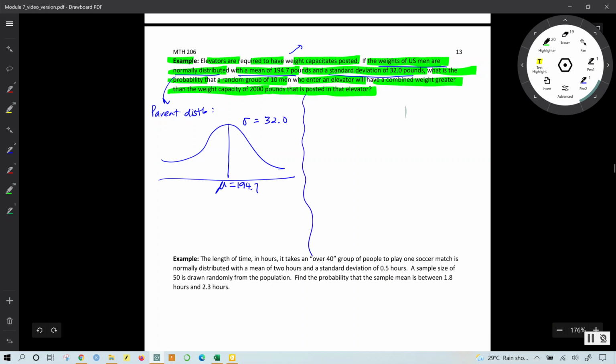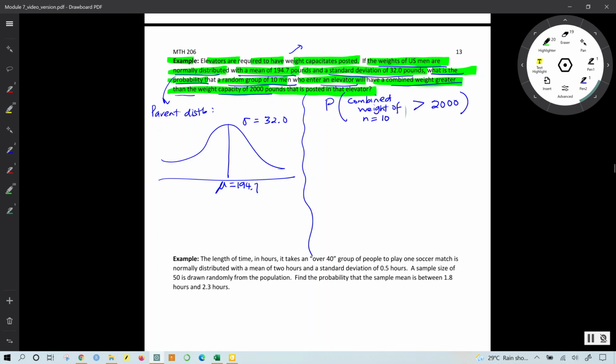Now, the question is, what is the probability, capital P, that a random group of 10 men who enter an elevator will have a combined weight greater than 2,000? So we want the probability that the combined weight of a sample of n equals 10 men is greater than the 2,000 pounds posted in the elevator.